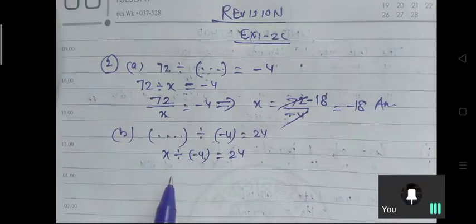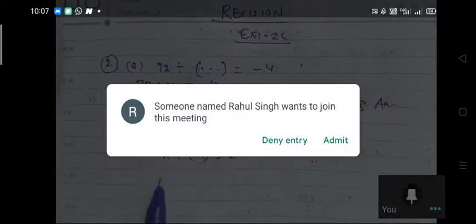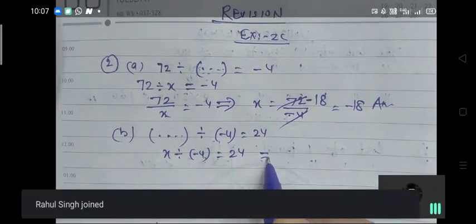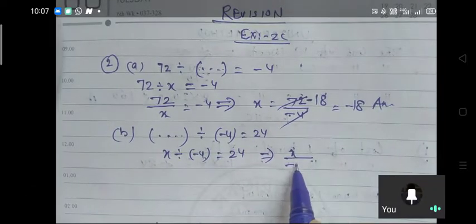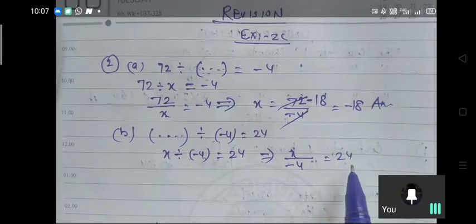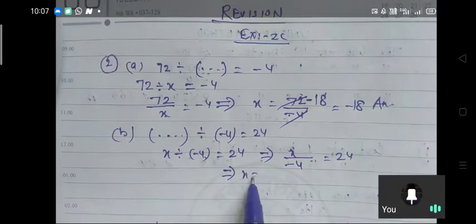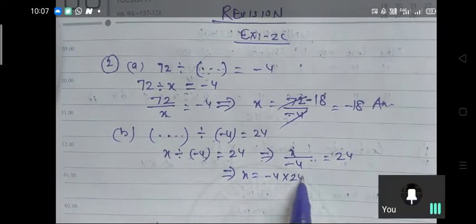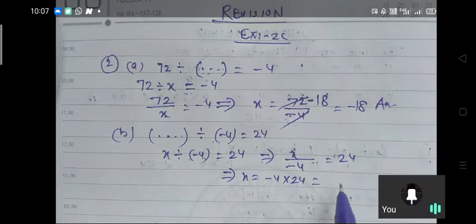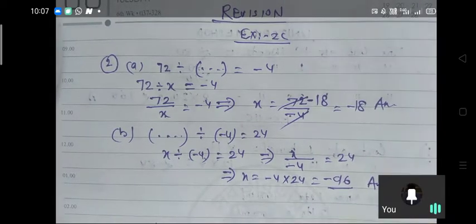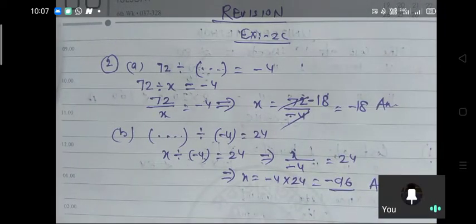Again we will do the same steps we have done earlier. So this will result in x equal to minus 4 into 24. That means minus 4 into 24 will give you minus 96. So this is your required blank space. Have you understood, students?